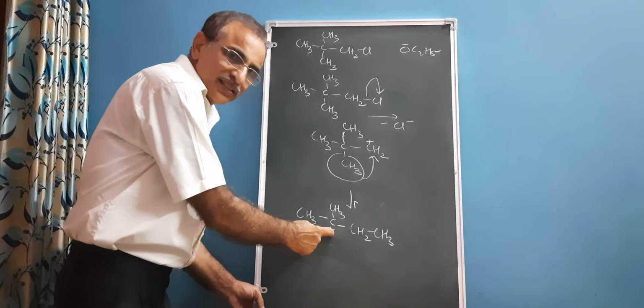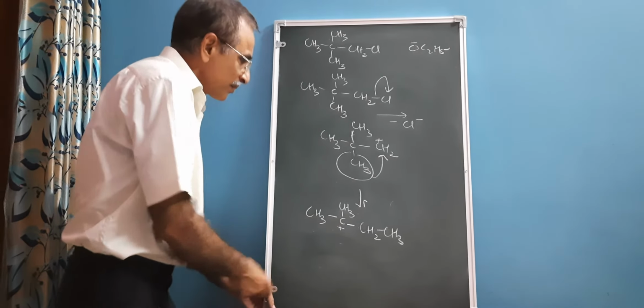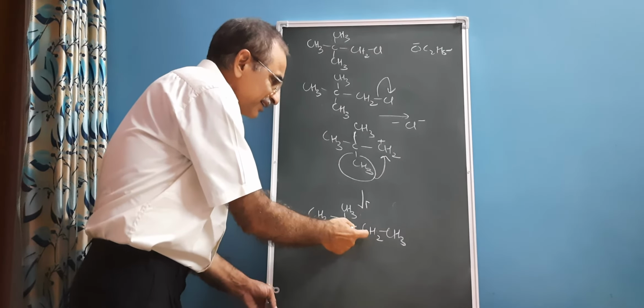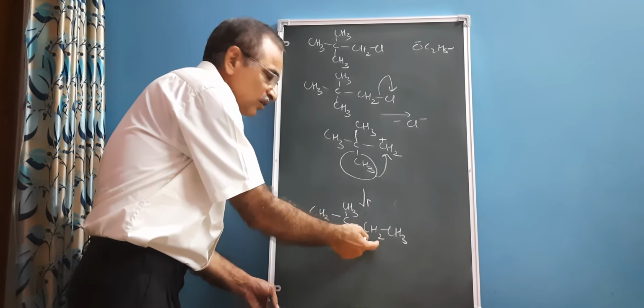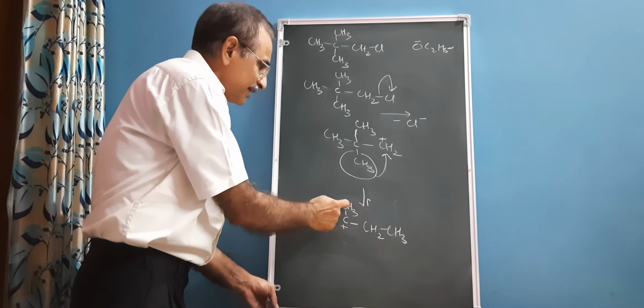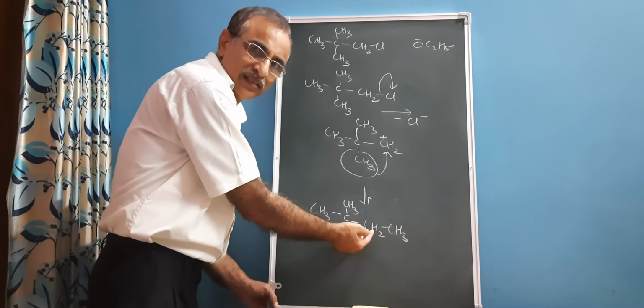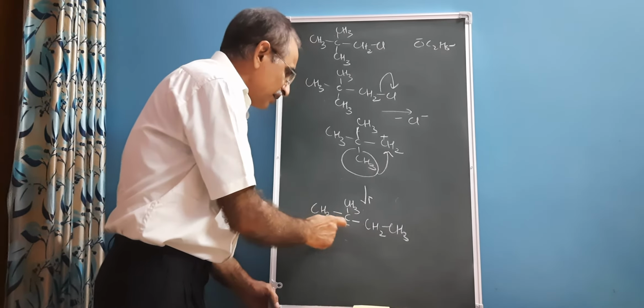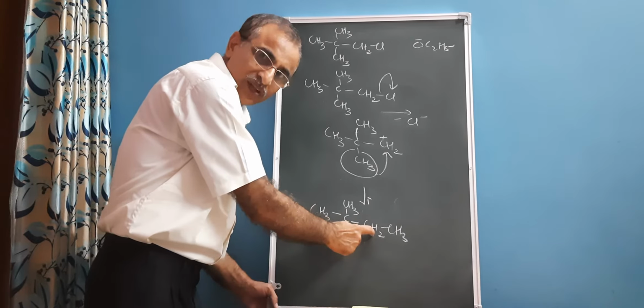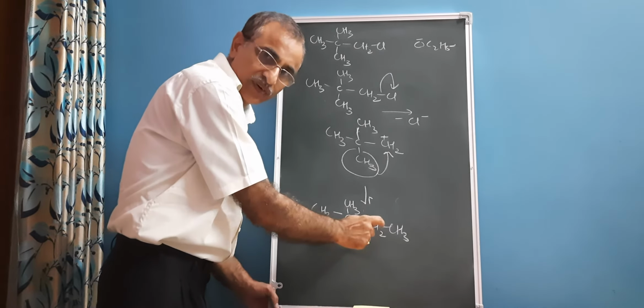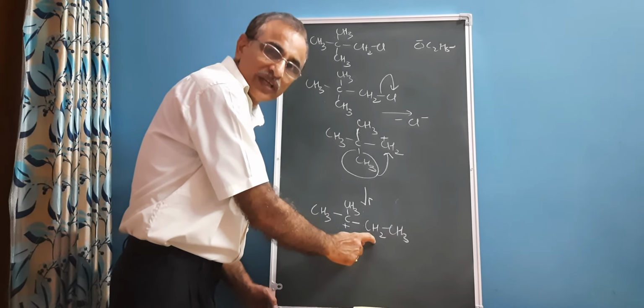As soon as this carbonium ion is formed, at the adjacent carbon atoms, the number of hydrogens is 2, here 3, here 3. A lesser number of hydrogens is present at this third carbon atom, therefore removal of a proton from this carbon atom takes place.